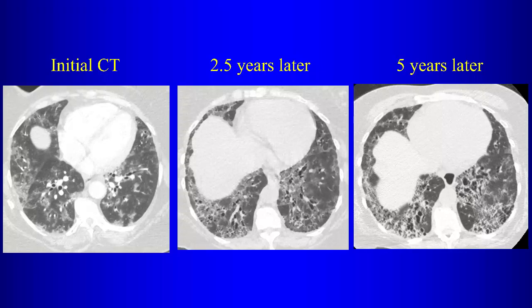So this was not idiopathic. This patient had underlying connective tissue disease. But there is an overlap in the appearance of these patterns. So this is something that you can also see in evolution. And even in patients with idiopathic disease, you can see an evolution from organizing pneumonia to one of these others. All right, so this does occur.